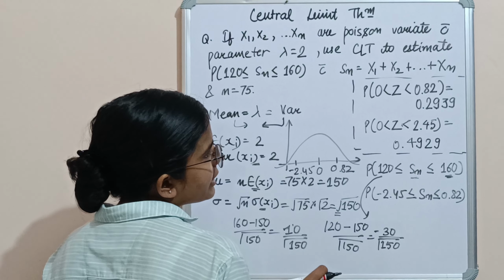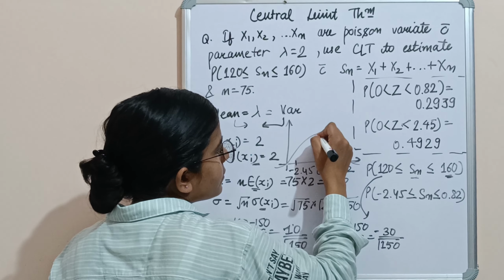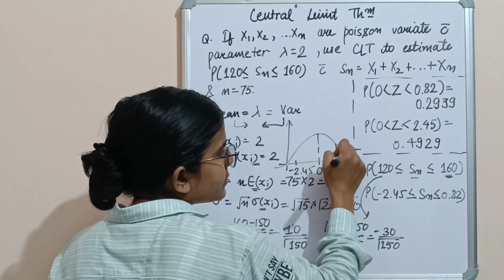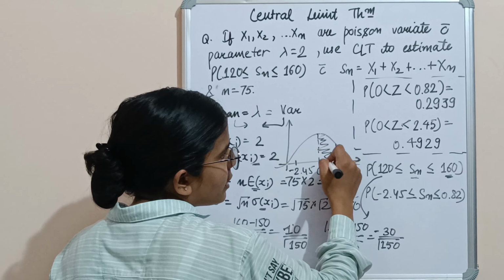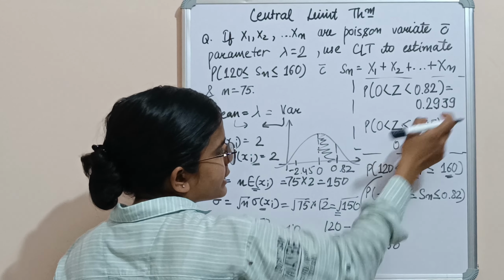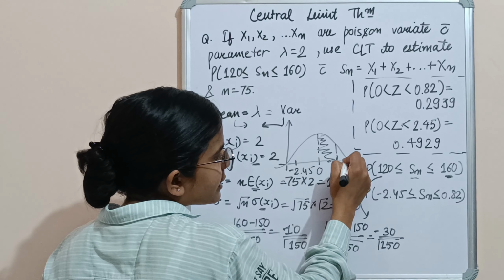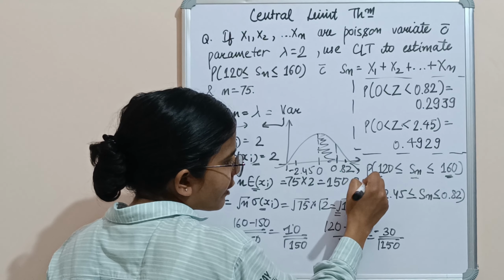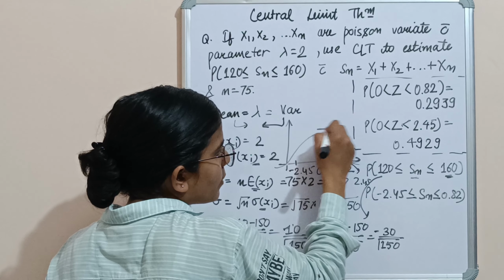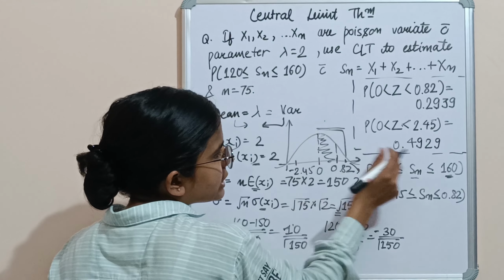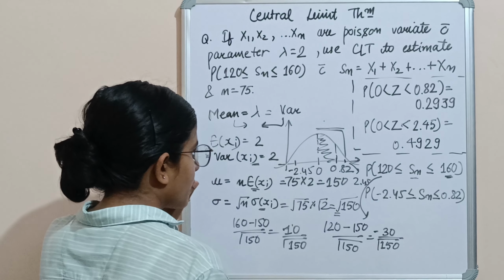We are given this probability, that is 0.2939, and if here is 2.45, then this whole probability is 0.4929.